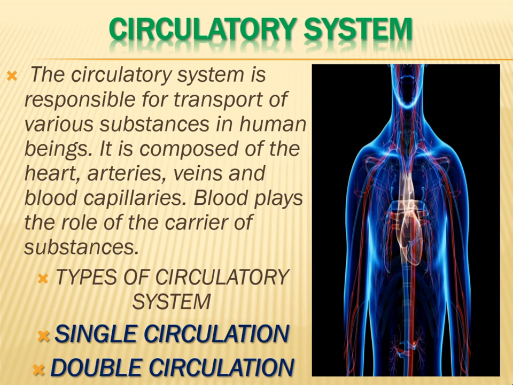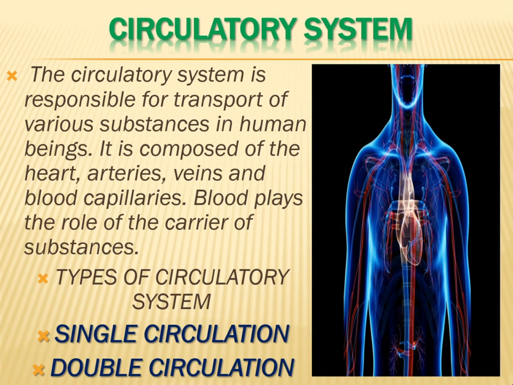Now what is double circulation? It means the blood passes through the heart twice, once in oxygenated form and once in deoxygenated form. These two passes form the double circulation, which occurs in complex living beings such as human beings.